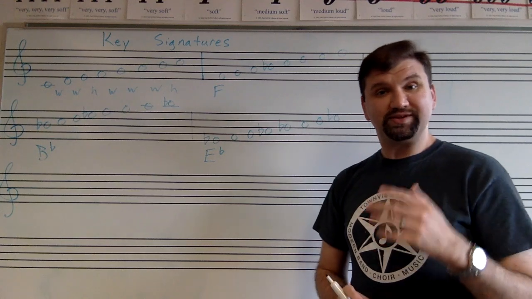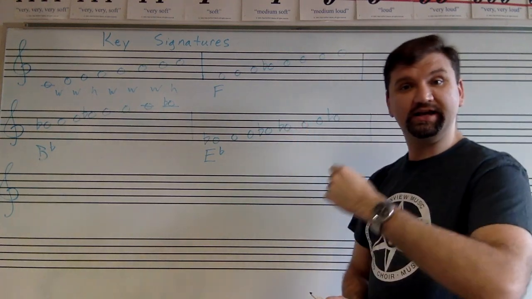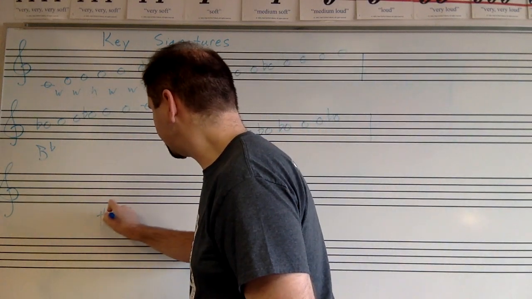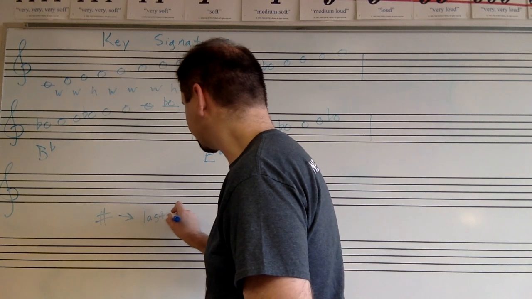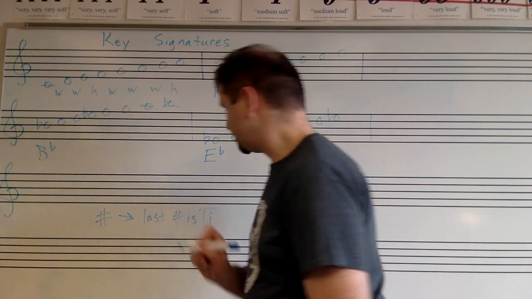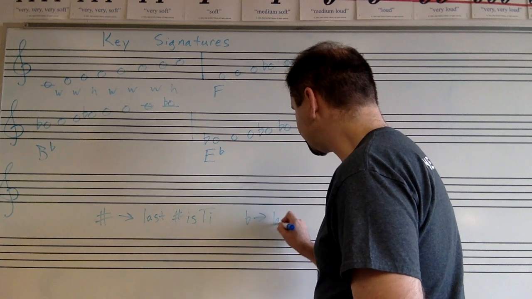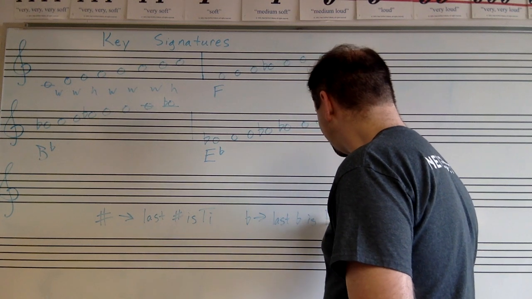So you can go through this same idea where we're adding in one flat each time. In sharp keys, what did we say? The last sharp is Ti. And in flat keys, the last flat is Fa.